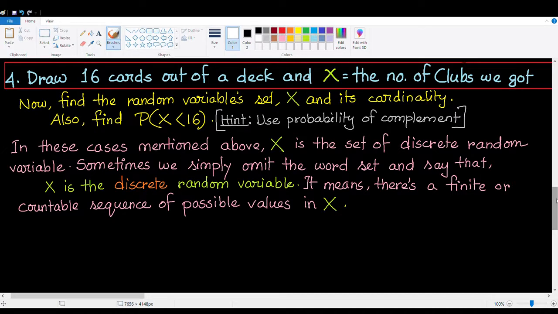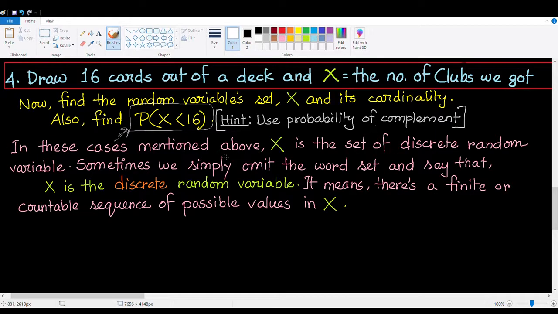Also find P of X less than 16, which means if 16 cards are picked randomly from the deck of cards, what is the probability that the number of clubs you get is less than 16? Pretty tricky problem, you can use the probability of complements to lessen your effort.